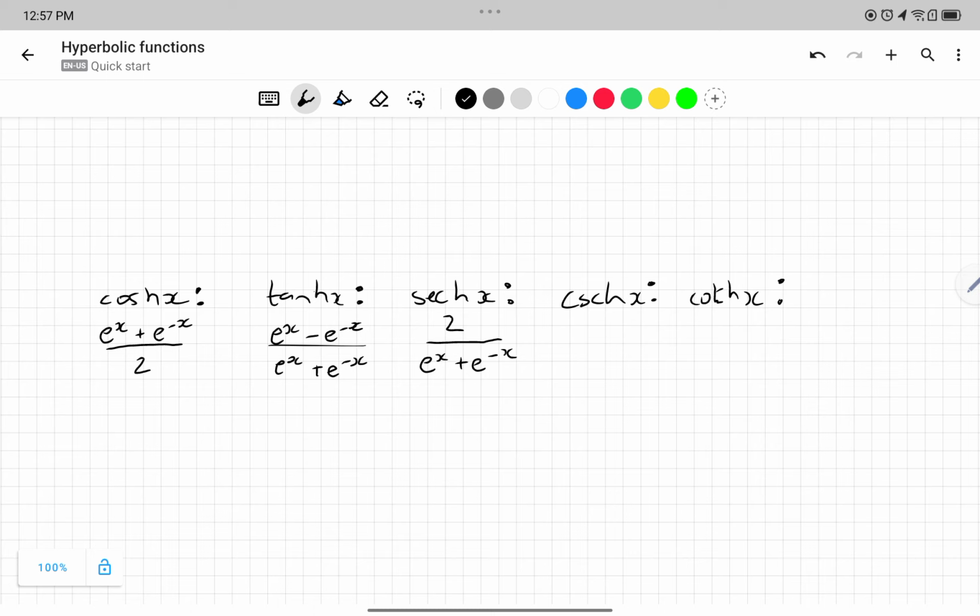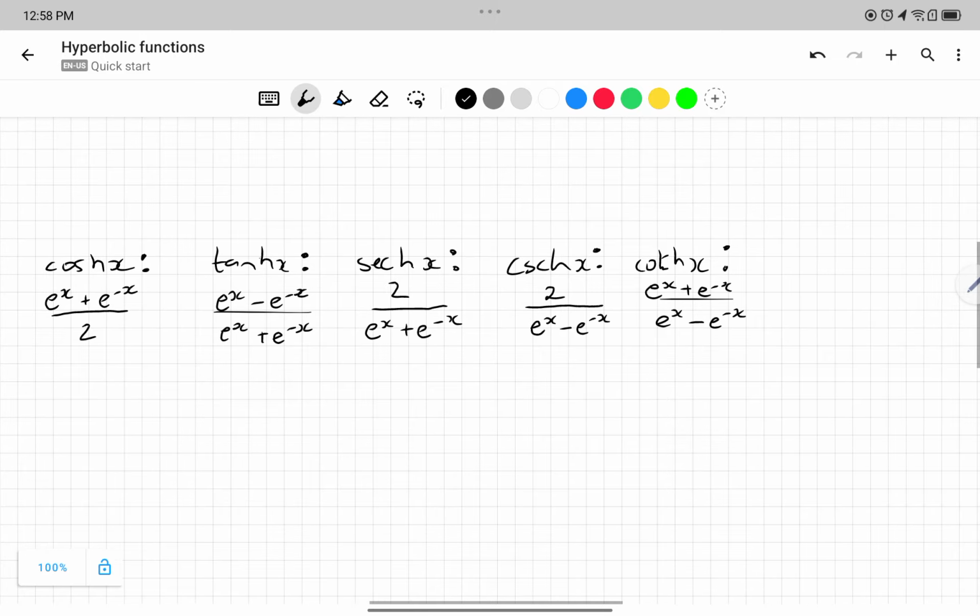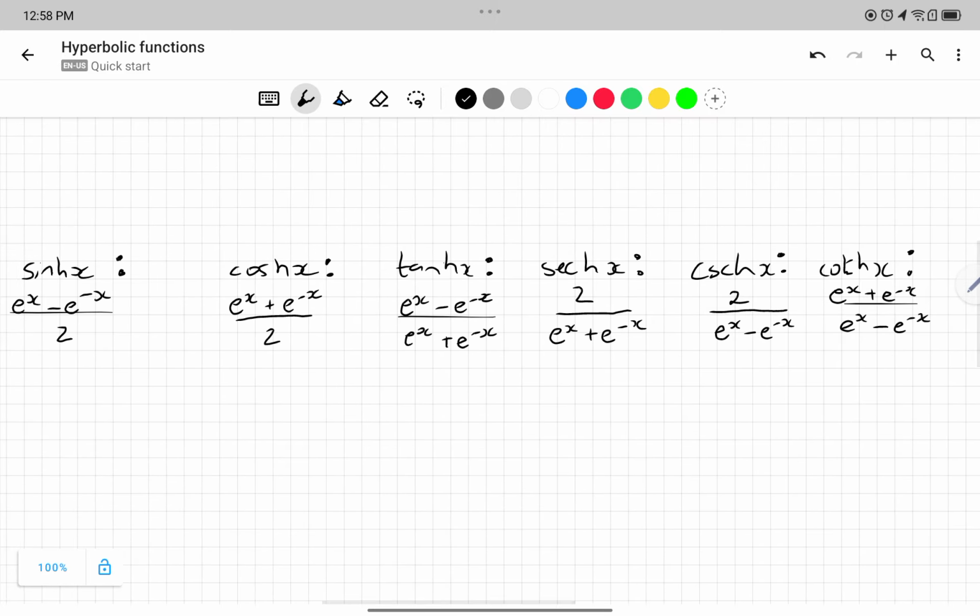So again, we will be inverting, same steps, which is 2 over e^x minus e^(-x). And then cot will be inverting tan, which is going to be e^x plus e^(-x) all over e^x minus e^(-x). And so yeah, these are these, and they look good.